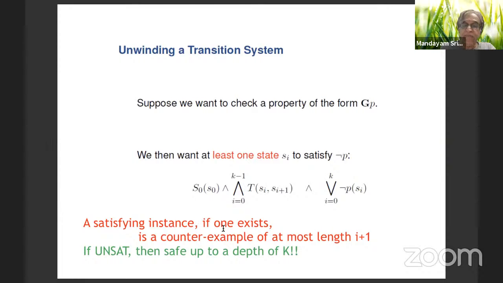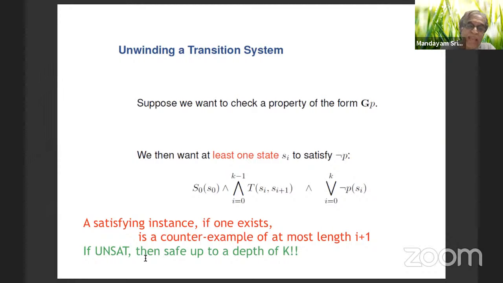If there is a satisfying instance, then you've found a counterexample of length K. It's I plus 1 here, because you've iterated over K.